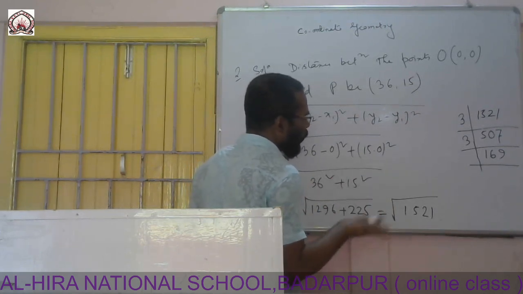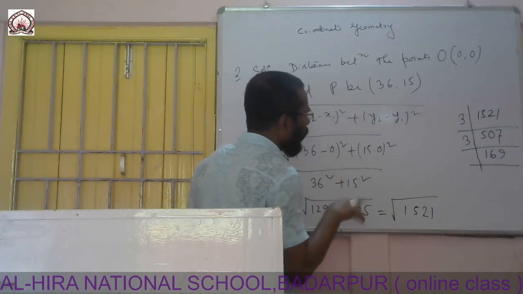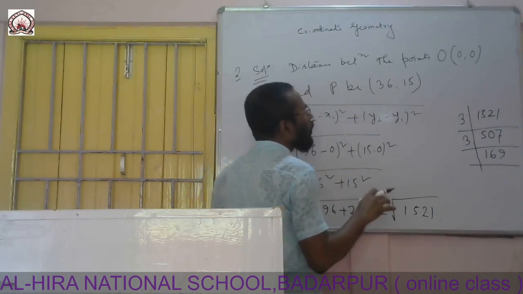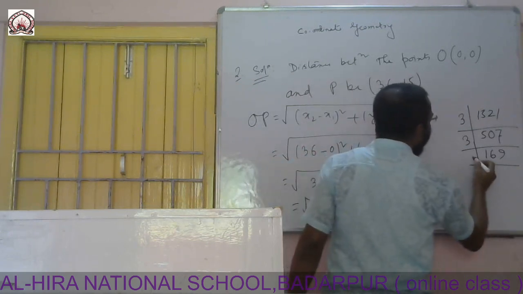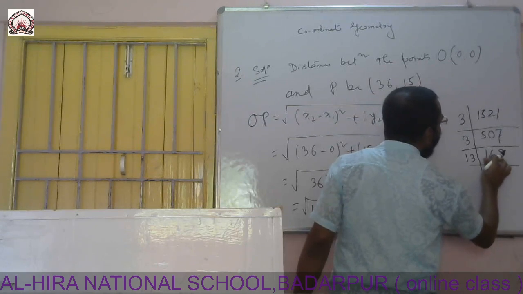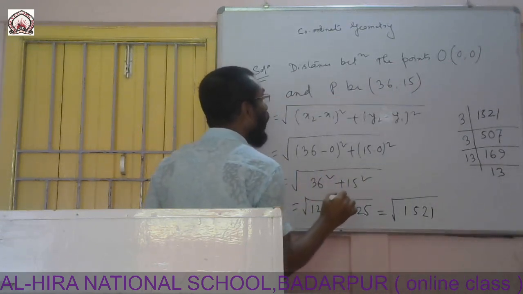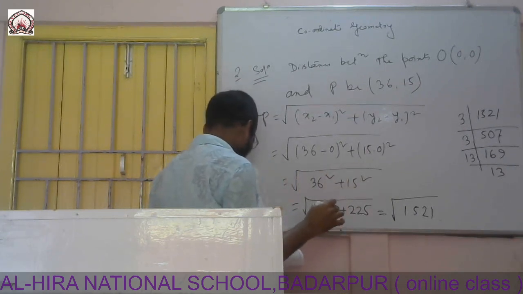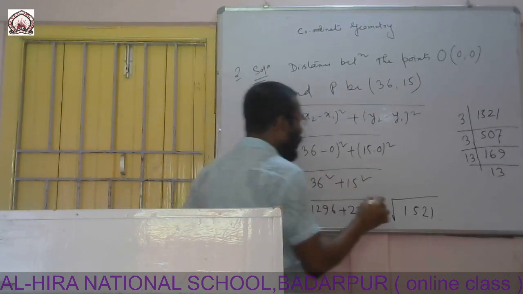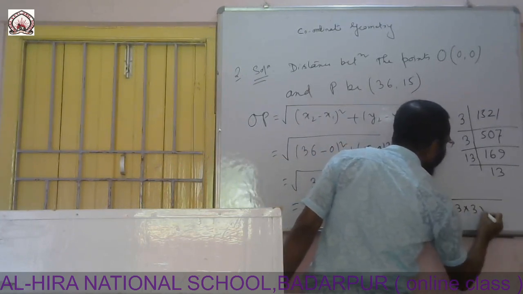If not 3, then 5 also not, 7 also not, 9 also not, 11 also not, then 13: 13 times 13 is 169, yes. So you can write 3 into 3 into 13 into 13.